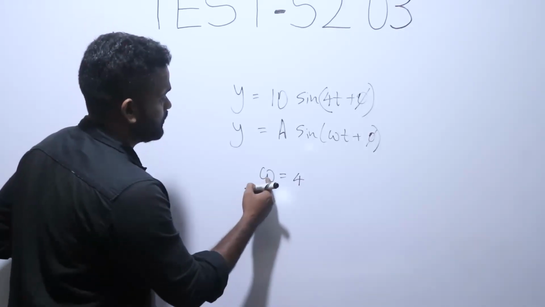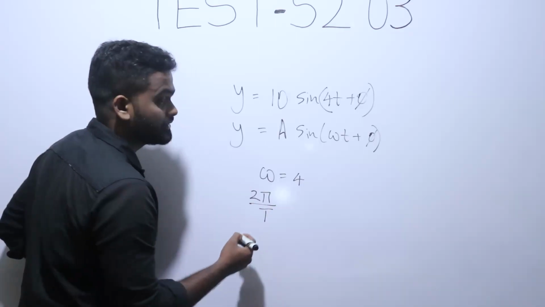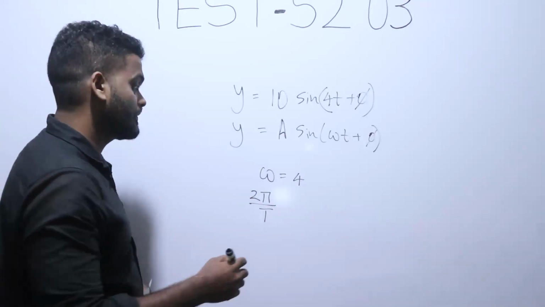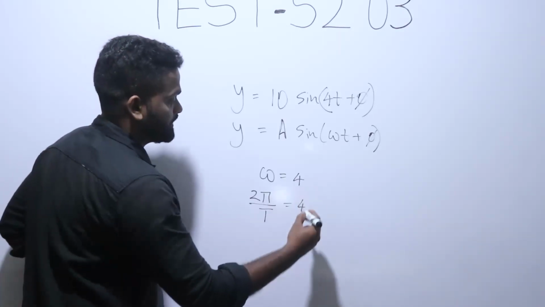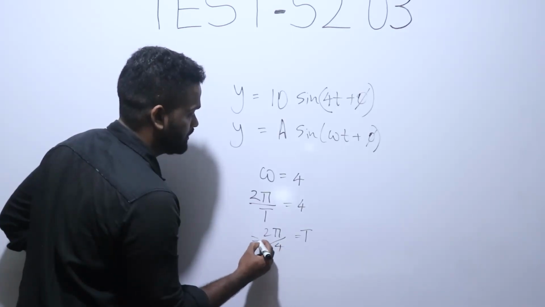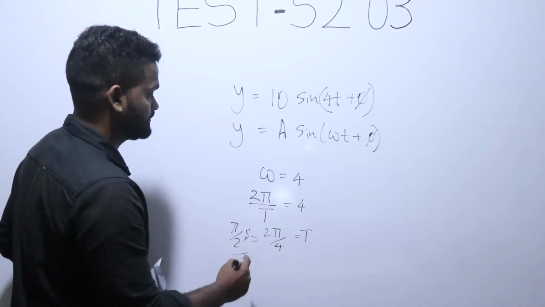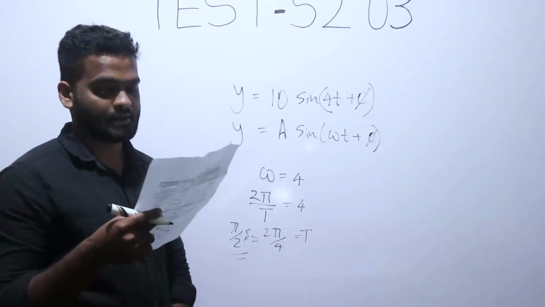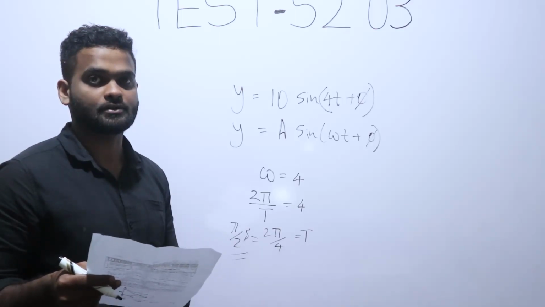The other equation for omega is 2 pi divided by the time period. So this is equal to 4. If you cross multiply, T equals 2 pi divided by 4, so this becomes pi over 2. That is the time period, pi over 2. So the fifth answer for the second question.